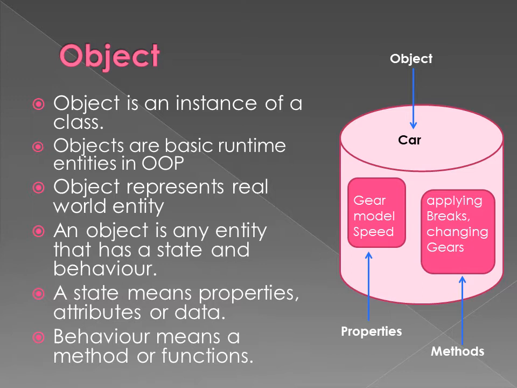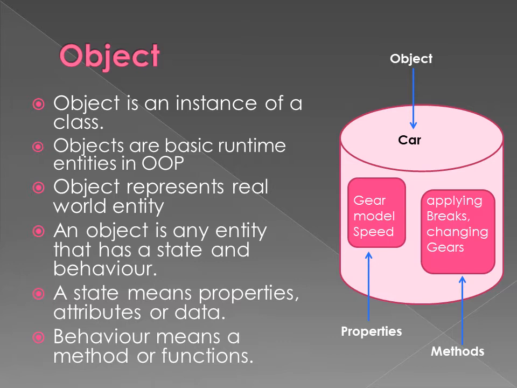Here, state means properties or attributes or data. Say, for example, name, email, phone number, birth date, etc. are properties of a person. And behavior means the methods or functions or actions that are performed on this data to obtain the desired result.